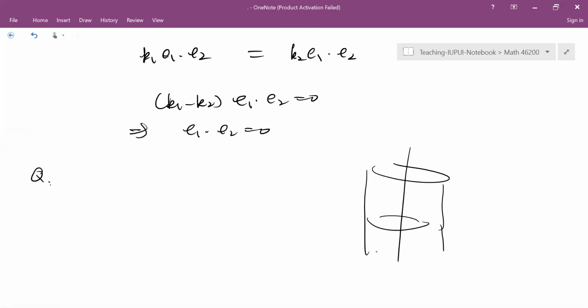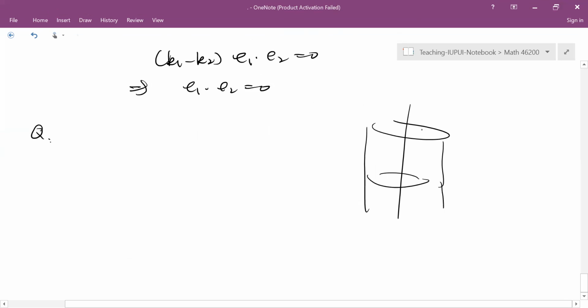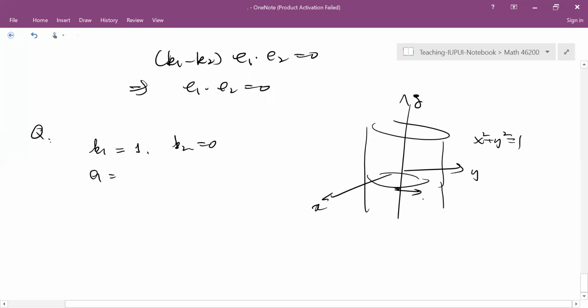Before I solve the problem, I can imagine, for the cylinder, x squared plus y squared equals 1. I can tell that K1 may be 1, K2 should be 0, and E1 depends on where the point is, it should be in that direction.